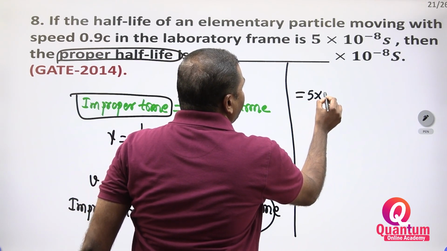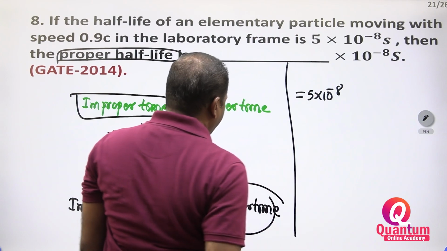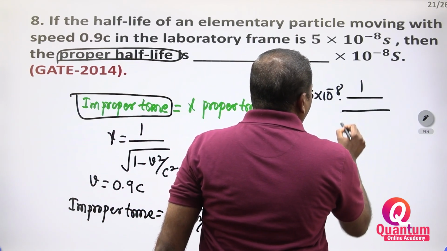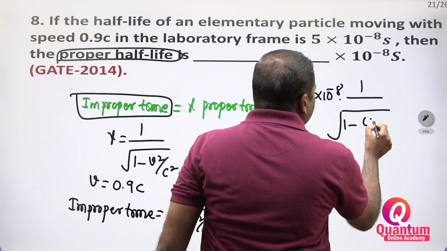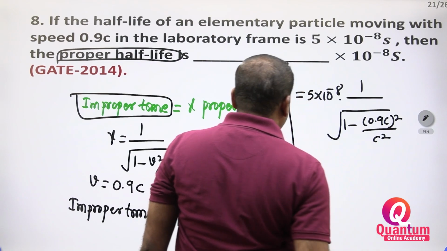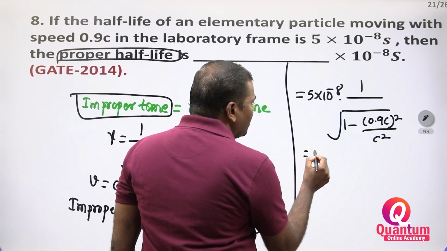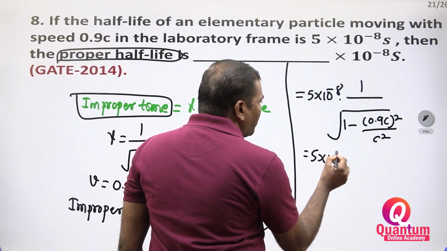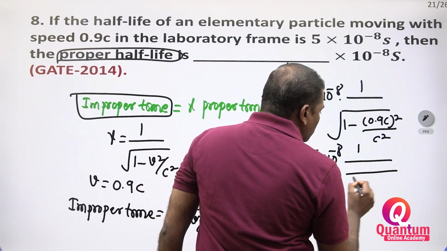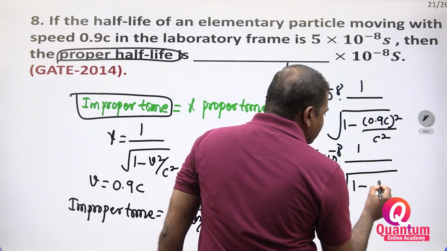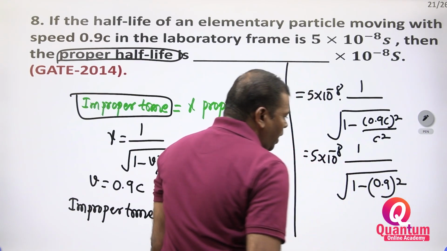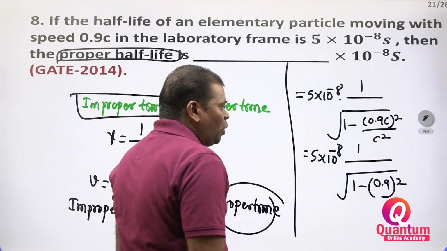Therefore, 5 into 10 to the power of minus 8 seconds into 1 by square root of 1 minus (0.9c) whole square divided by c square. Right? 5 into 10 to the power of minus 8 into 1 by square root of 1 minus 0.9 whole square.